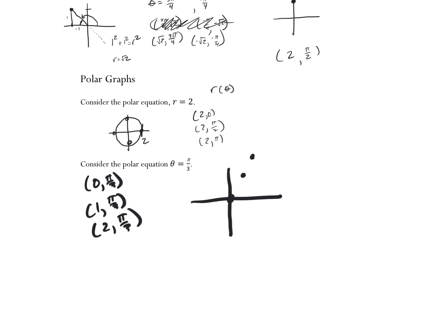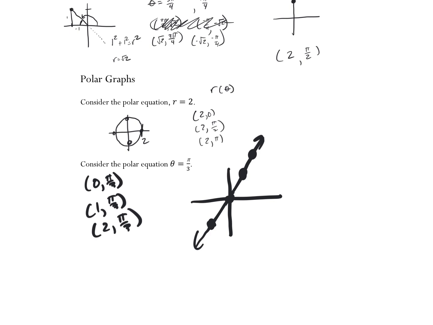Negative 1, pi over 3 would just pop down into that third quadrant, and we get a line. So in rectangular coordinates, equations like y equals or x equals give us vertical or horizontal lines. In polar equations, they give us lines and circles, always on that same angular line or always on that same radius.